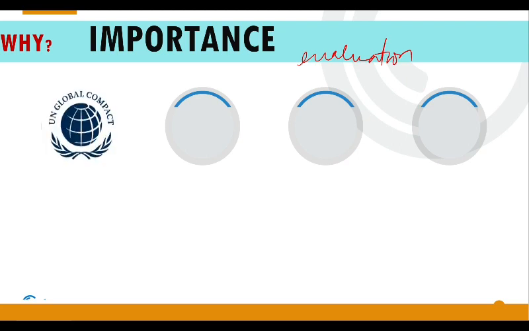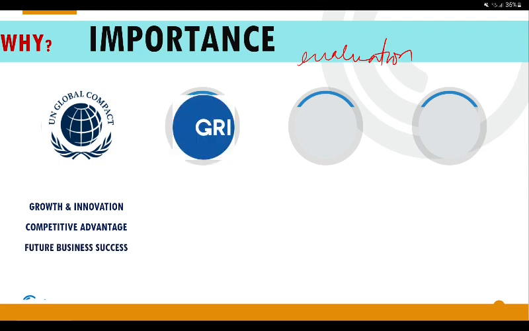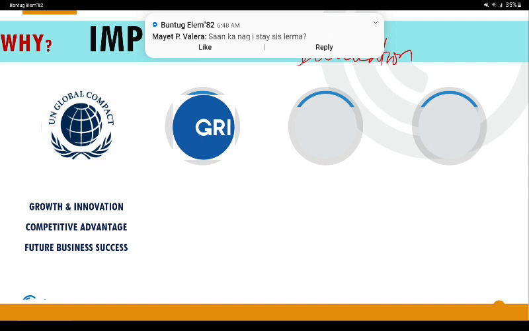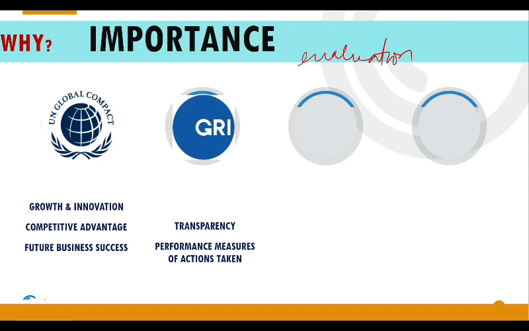Thus, according to the UN Global Compact, this is a universal language for corporate social responsibility for growth and innovation, competitive advantage, future business success, and for the Global Reporting Initiative, this would be for transparency, performance measures of actions taken, and to publicly report the impact of the activities of the organization in a structured way.